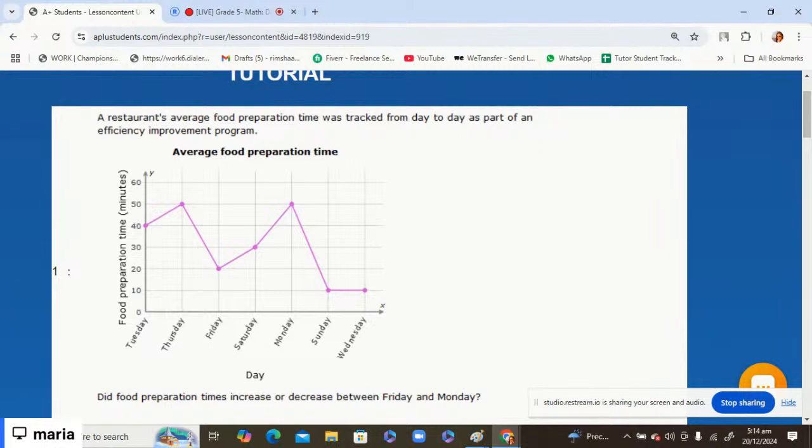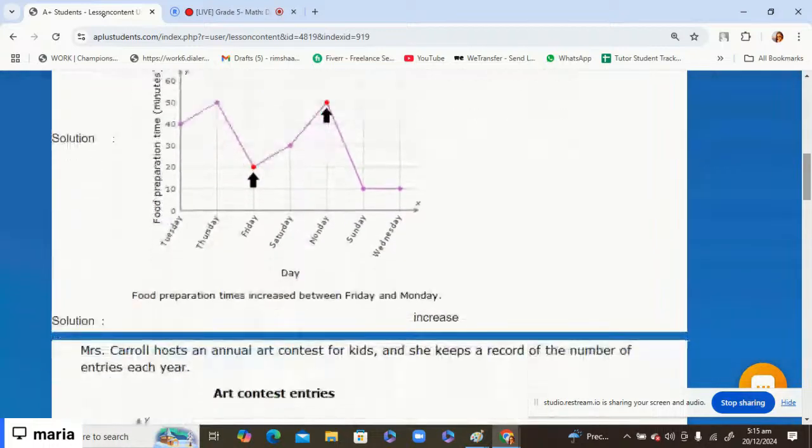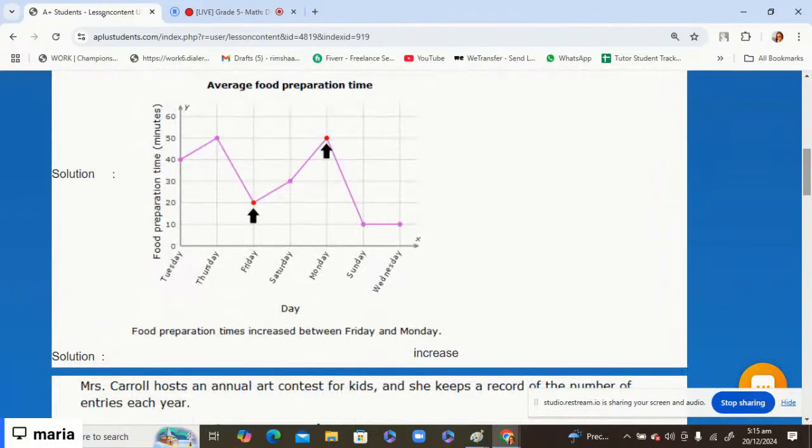Did food preparation time increase or decrease between Friday and Monday? First of all, we are interested in Friday. This is here, and Monday it's here. So at which point can you say that the preparation increases or decreases? Okay, it is low on Friday, high on Monday. So the food preparation time increased between Friday and Monday.